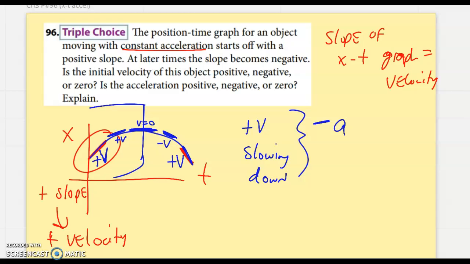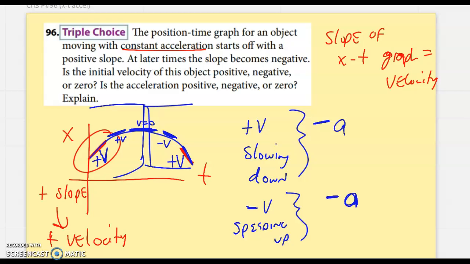And if you wanted to look at the other side, you could say, all right, well, we have a negative velocity, but we're speeding up. And anytime you're speeding up, you know that the acceleration has the same sign as the velocity. So I don't care which side you get it from, you're still going to see that we have a negative acceleration, and we just remember we did have a positive initial velocity.